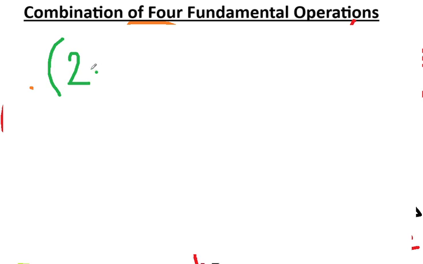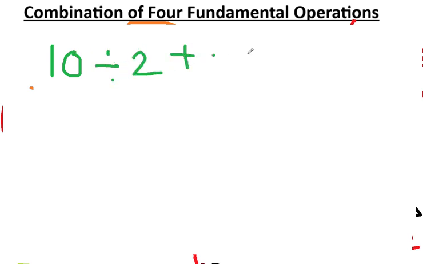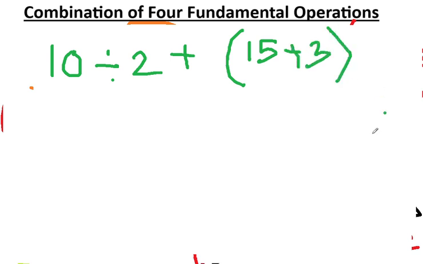So I have 2 plus 3, or maybe I can write it in this way. First I have 10 divided by 2 plus, in parentheses, 15 plus 3. Okay, I have this question.